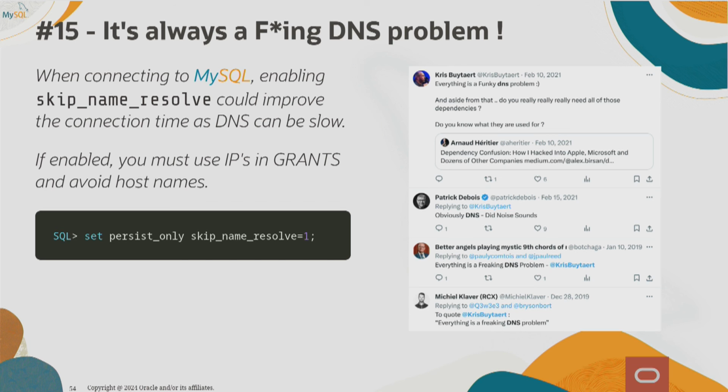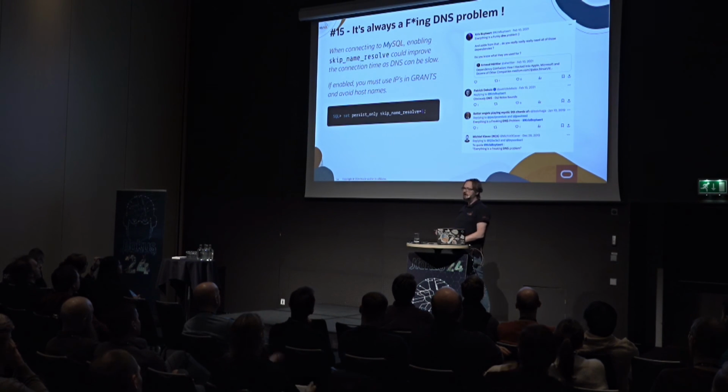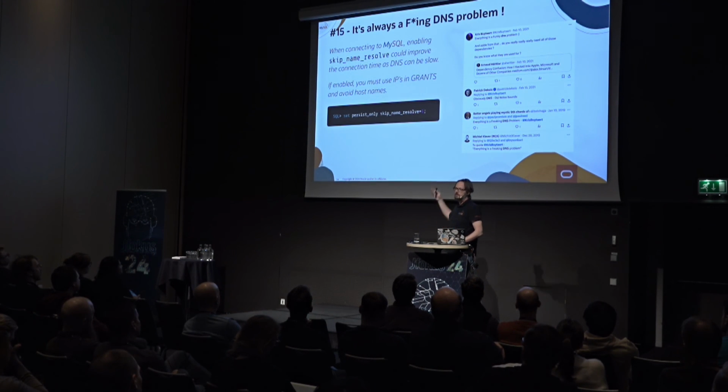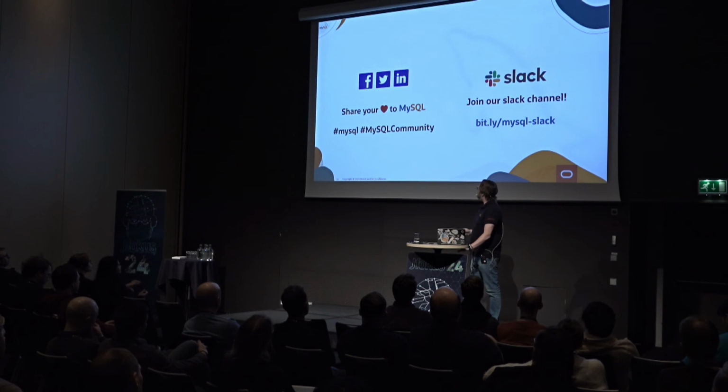You set, persist only, skip_name_resolve. So when a client connects, you don't try to resolve the IP as a name, but you need to grant using the IPs. And if you do that, it will be much faster to connect to the database. Sometimes this is a very big problem when DNS is not reliable on the system, and it happens more than we think. So thank you.